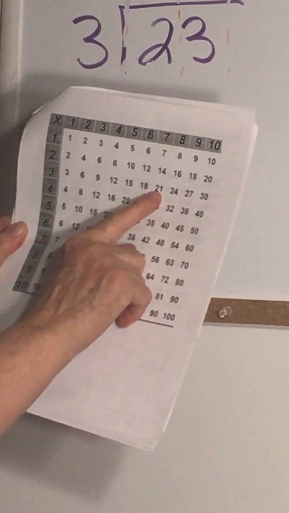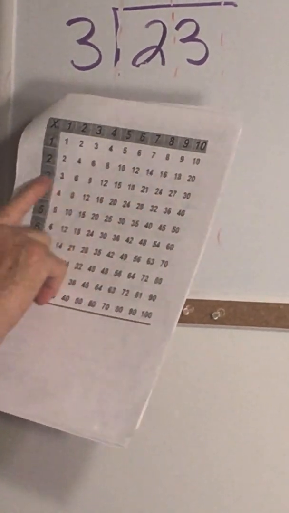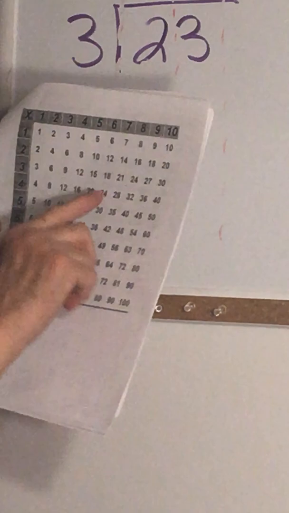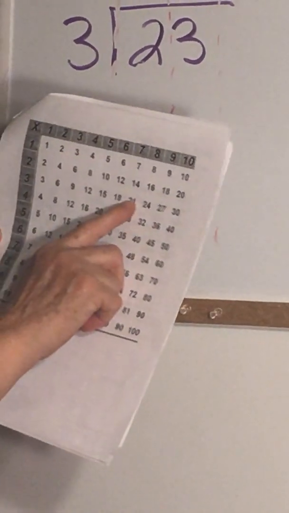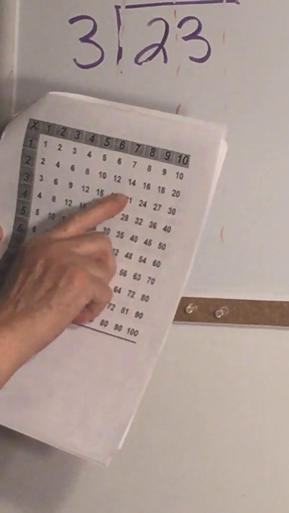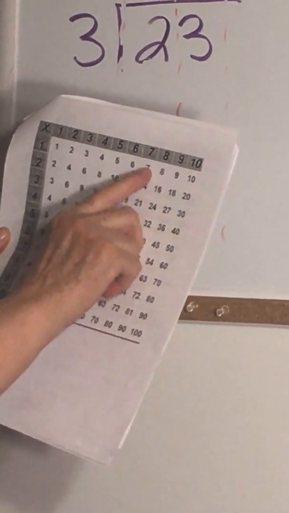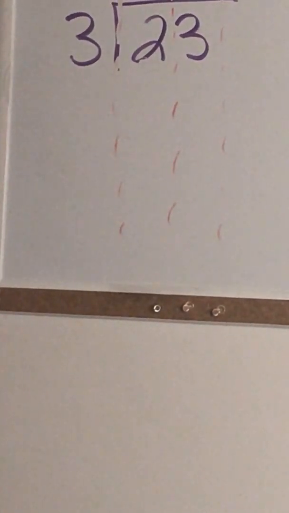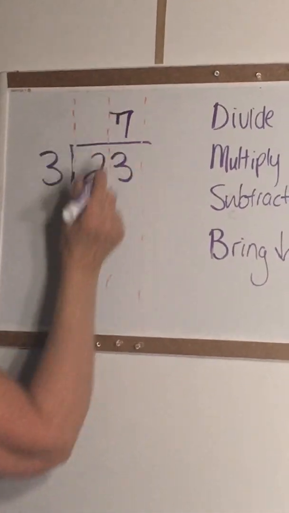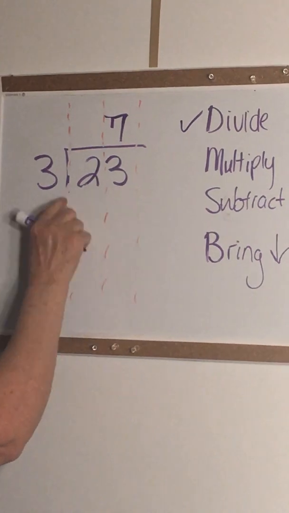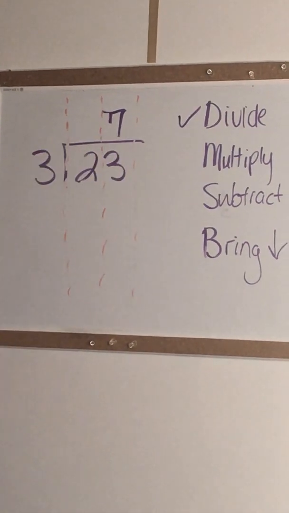So we can use 21. So 21 divided by 3, the closest we could get without going over. If I use 24, I'm going over. So 21 divided by 3, we can use a 7. So I'm going to put a 7 here. Okay? So we divided. 23 divided by 3 equals 7.